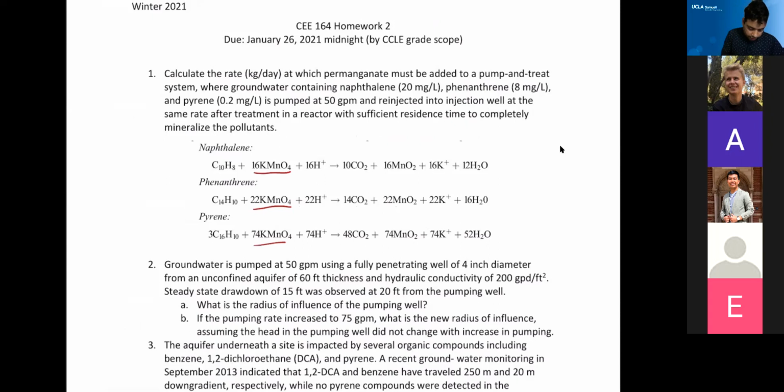You need to use the equations to answer that. This equation tells how many moles of potassium permanganate, the oxidant, are needed to treat 1 mole of this particular pollutant. As long as you know how many moles of pollutant are in your groundwater, you should be able to answer that.